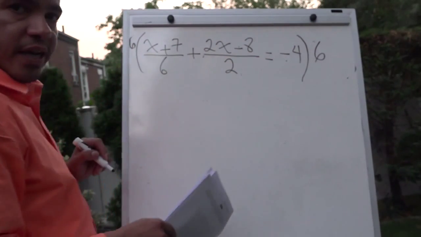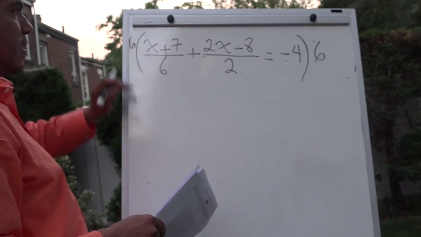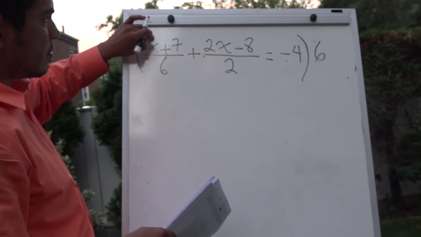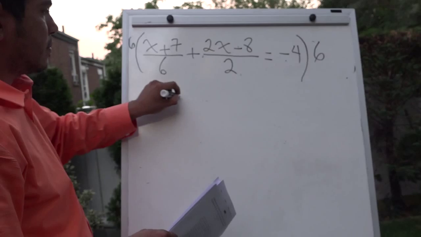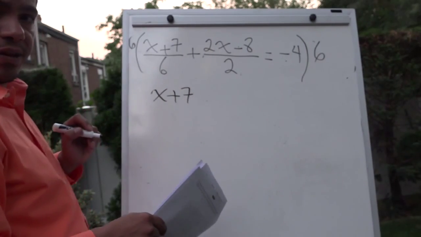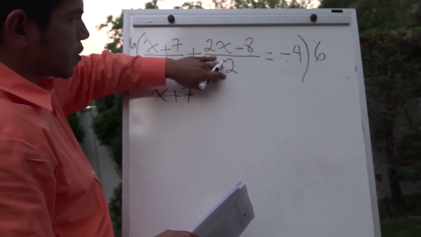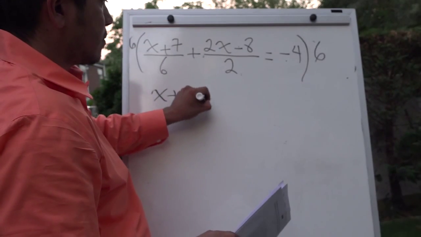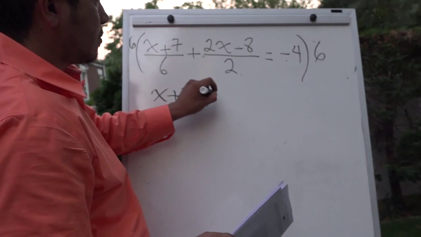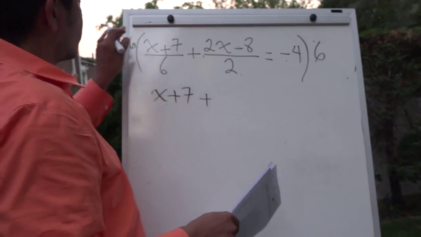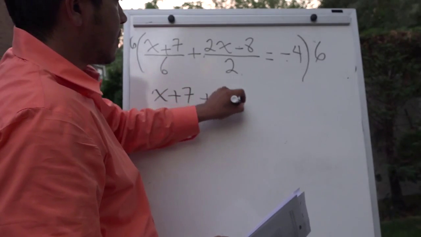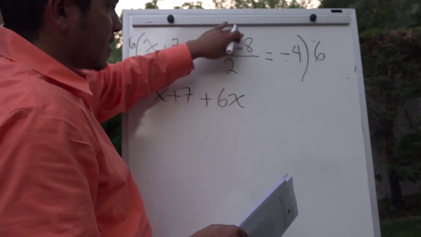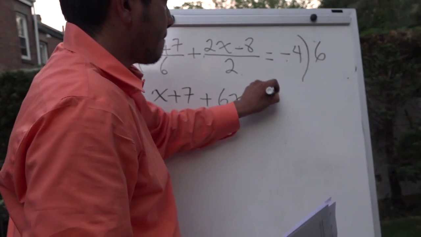Multiply by the common denominator, okay, which is 6. 6 divided by 6 is 1 times x plus 7 is x plus 7. 6 divided by 2 is 3 times 2x is 6x, and 6 divided by 2 is 3 times 8, 24.